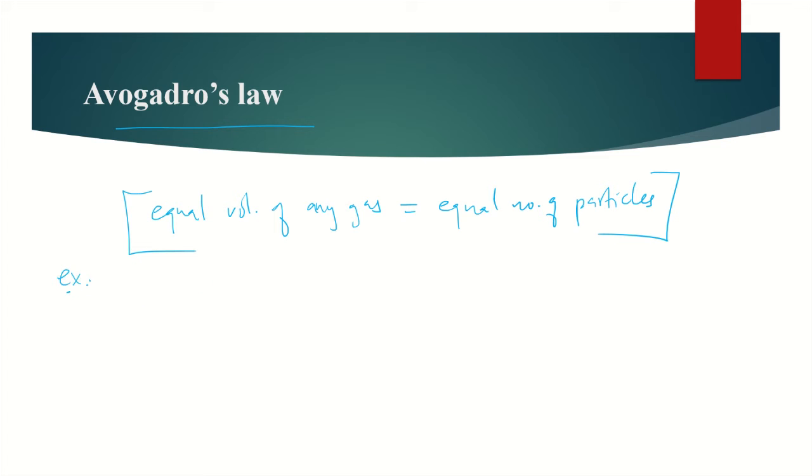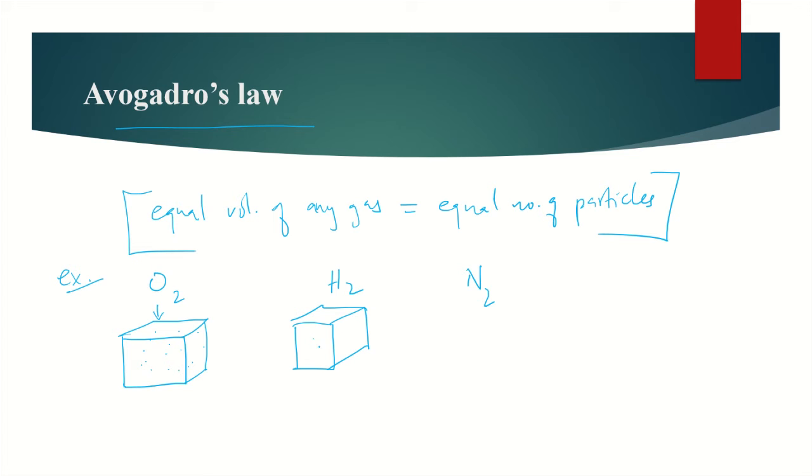For example, let us consider three gases here: oxygen, hydrogen, and nitrogen gas. Let us assume that we take containers and fill them with the respective gases. Here we have oxygen gas, in the second container we have hydrogen gas, and in the third container we have nitrogen gas.